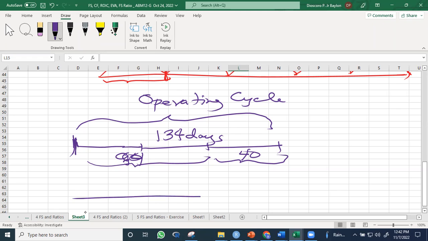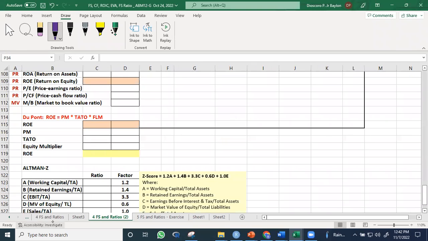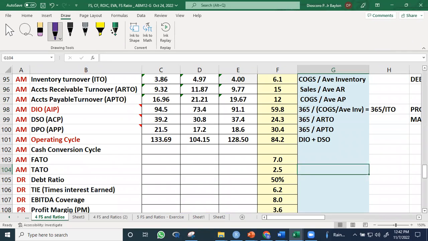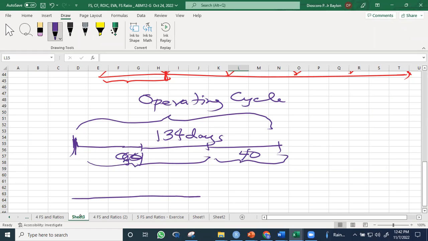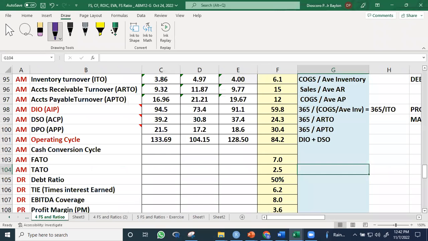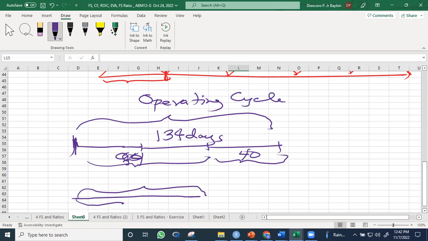Samantalang si competitor, tingnan natin si competitor. Ay, mali ako dito. 94, 40 pala. Sorry. Ayan. Tapos ito naman si competitor. Operating cycle niya, 84 days.